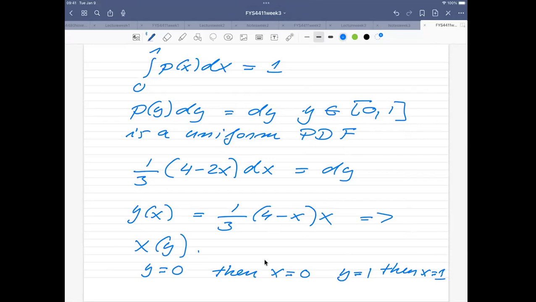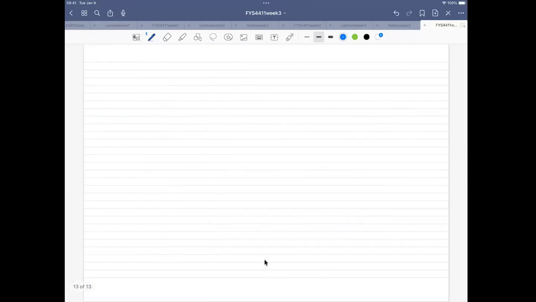The reason why I'm doing this is that I'm going to look at how I can use this new probability distribution to introduce importance sampling. You may ask why I did that for the last case. Now I want to introduce importance sampling.